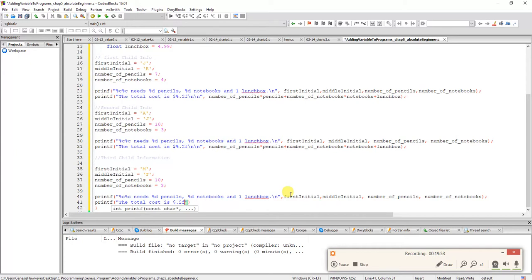So, and it's a floating point because we have decimal places. So $, %.2f instead of just %f. Something's wrong. Percent f. Yes. So percent .2f.